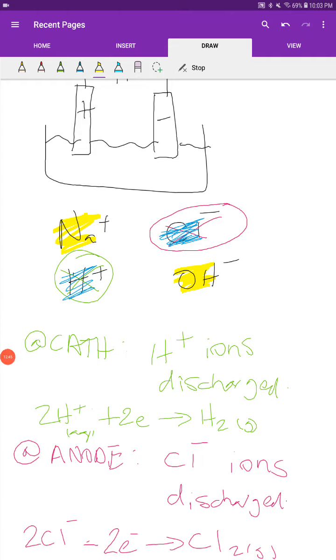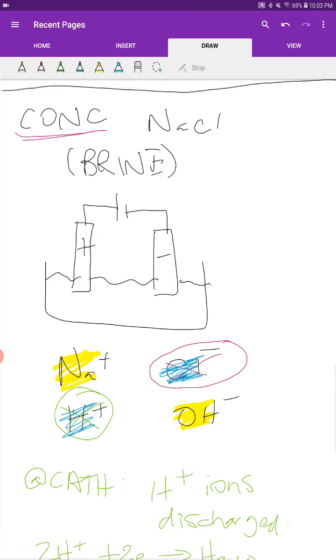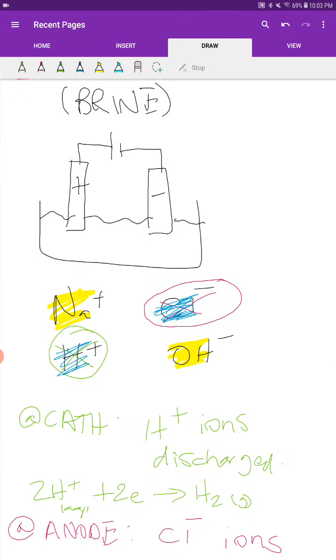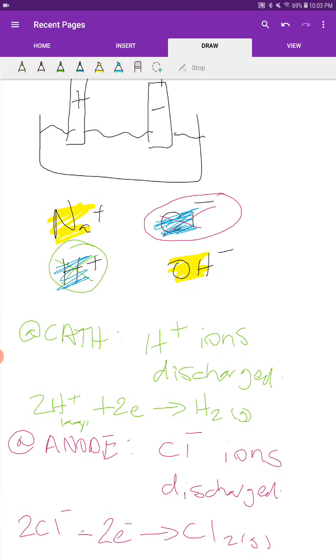Sodium hydroxide is extremely useful in making a wide variety of products. Okay, so this is an important industrial process. The electrolysis of concentrated sodium chloride, the electrolysis of brine, is an important industrial process. It allows us to manufacture hydrogen gas, chlorine gas, as well as sodium hydroxide. 3 very important chemicals.